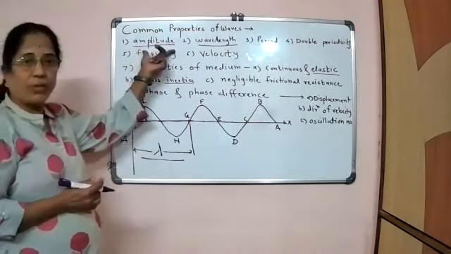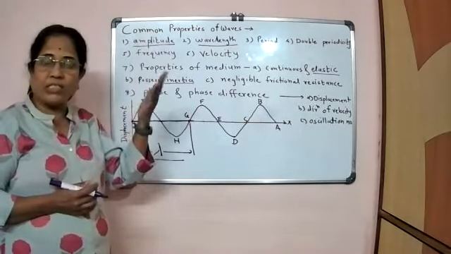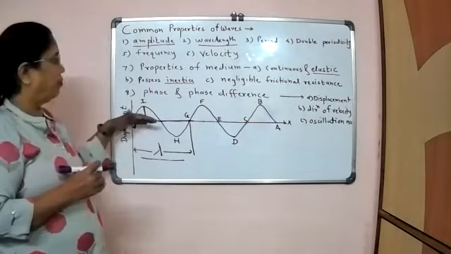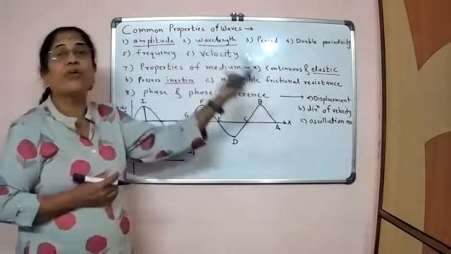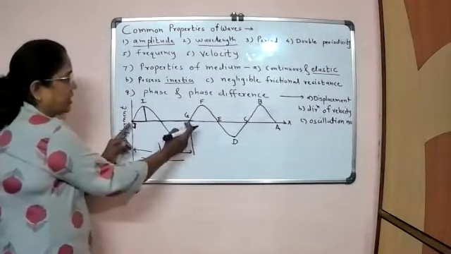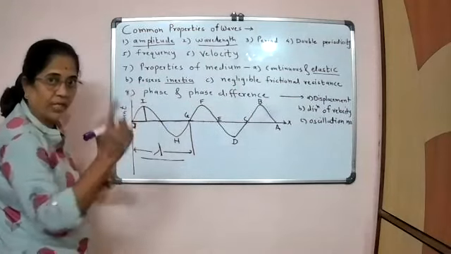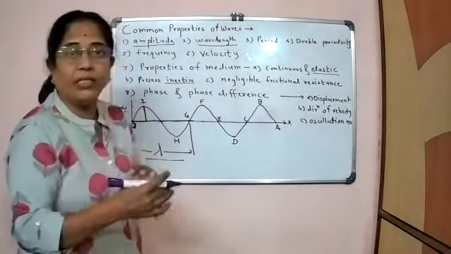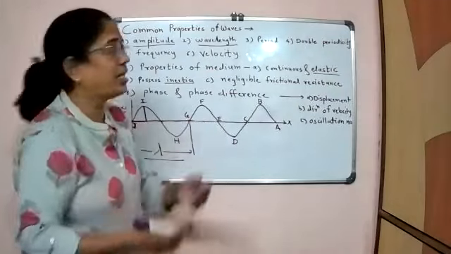So the first property is amplitude, which is maximum displacement measured from the mean position. Second property, wavelength of the wave: it is the distance between two successive particles which are in the same state of oscillation.